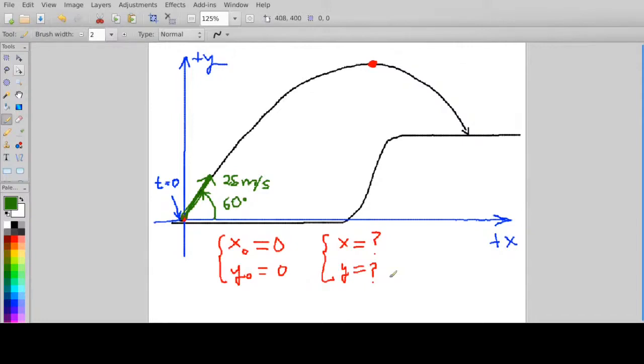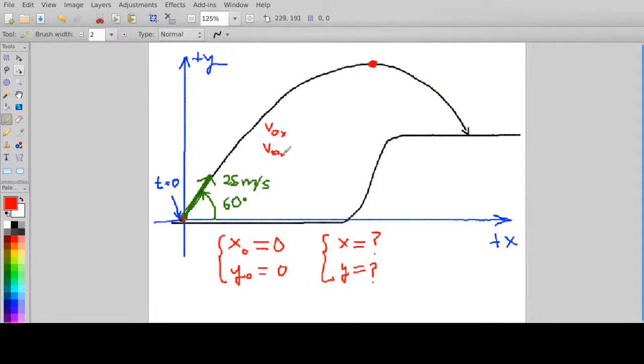But you can't use those. What you need are the x and y components of the initial velocity. I don't have enough room to do all the math here, and it's kind of annoying to use the whiteboard, but I can at least write the formula. You want v naught x and v naught y.